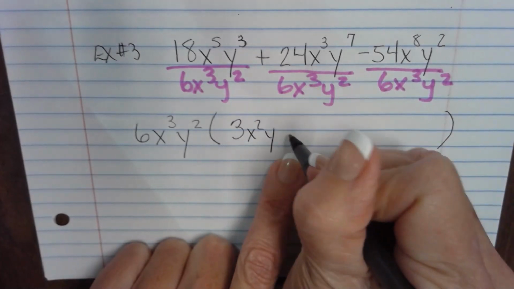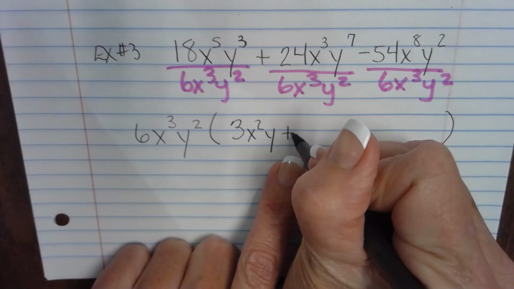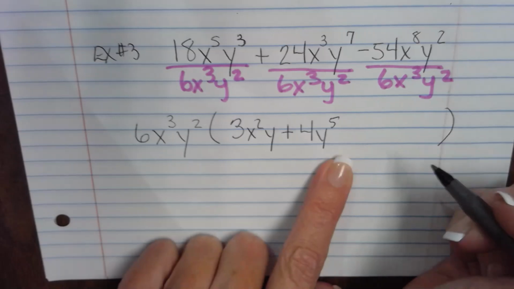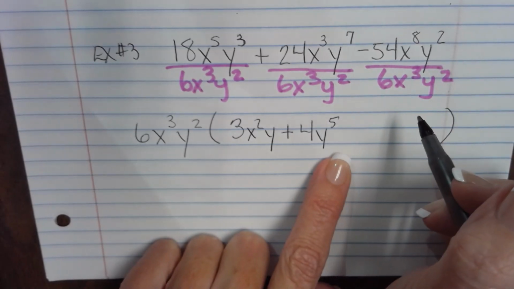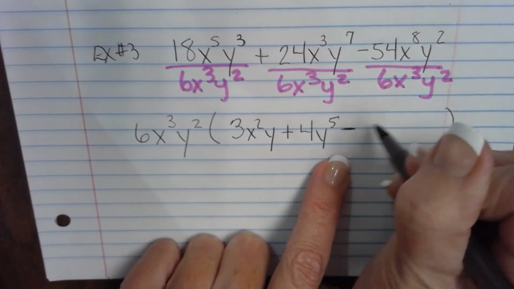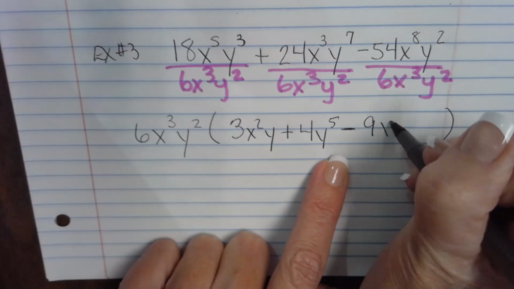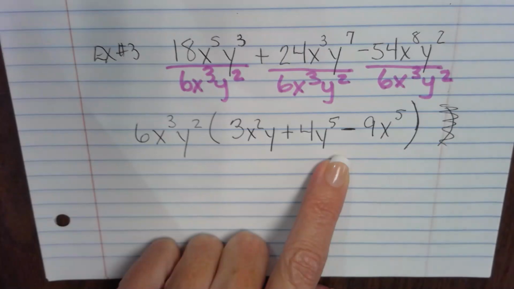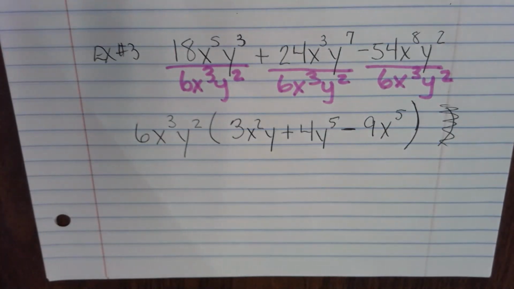In the second slot, we should have a positive 4y to the fifth. In the last slot, minus 9x to the fifth. Did y'all do it right? Yeah.